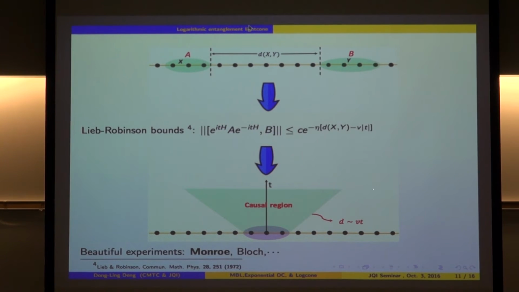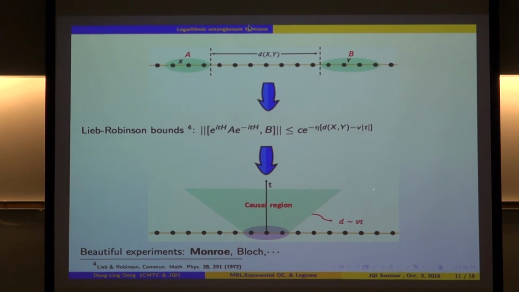Let's consider a simple one-dimensional system. We consider a local operator A, which is supported at some local region X, and another operator B, which is supported in some region Y. And we denote the distance between these two local regions as d_XY.